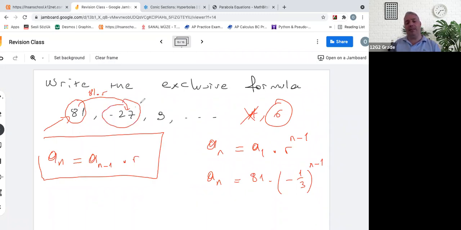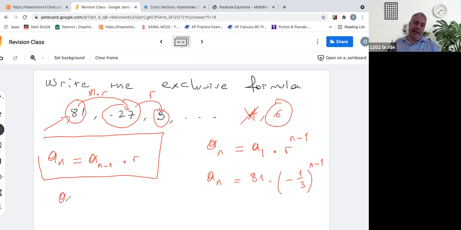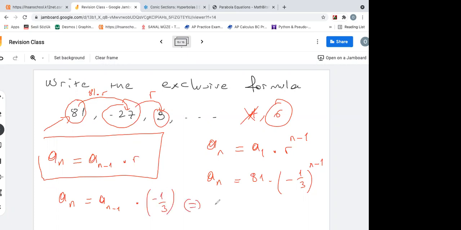Negative 27 times R gives 9. Is it okay? Yes. So you can say that AN is equal to AN minus 1 times R. What was the R? Negative 1/3. That's it. You will see something like that in the exam.